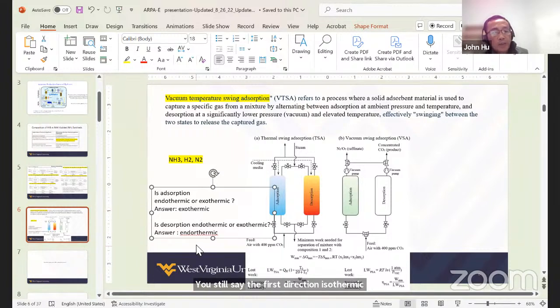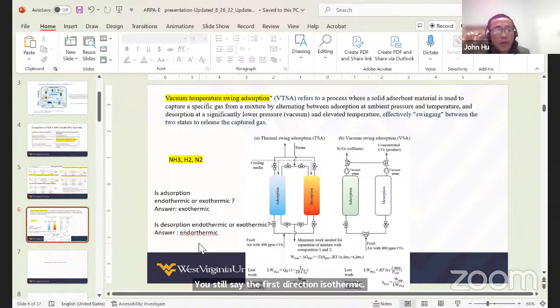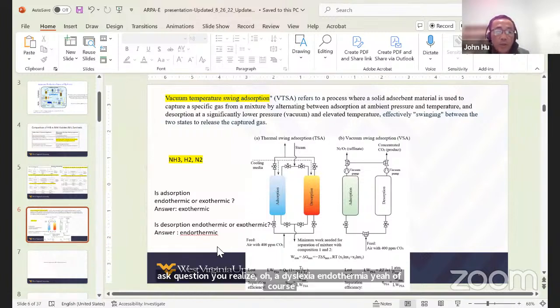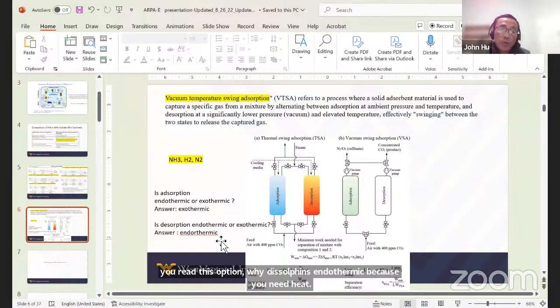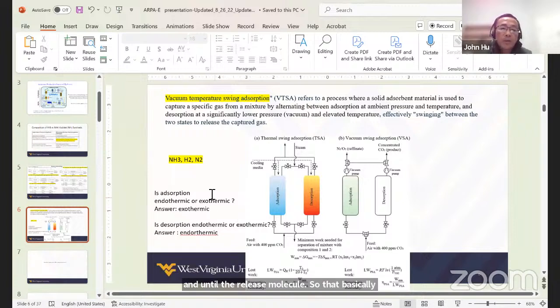So these two processes have to be opposite, right? One endothermic, the other has to be exothermic. So your first answer, you said it's endothermic. When you were asked the second question, you realized, oh, desorption is endothermic. Of course. Why is desorption endothermic? Because you need heat to release the molecule. So that reminds you, oh my God, the adsorption is exothermic. Okay, so this is the correct answer.